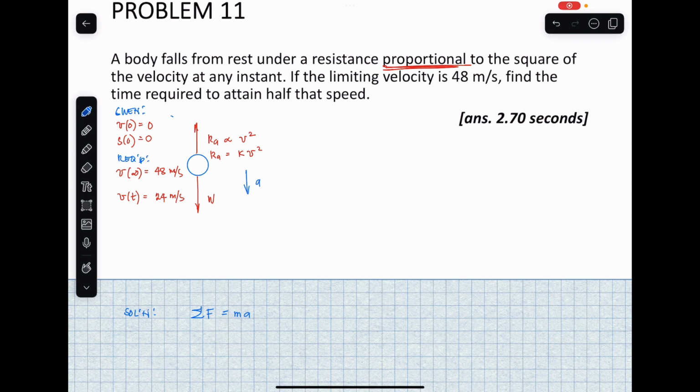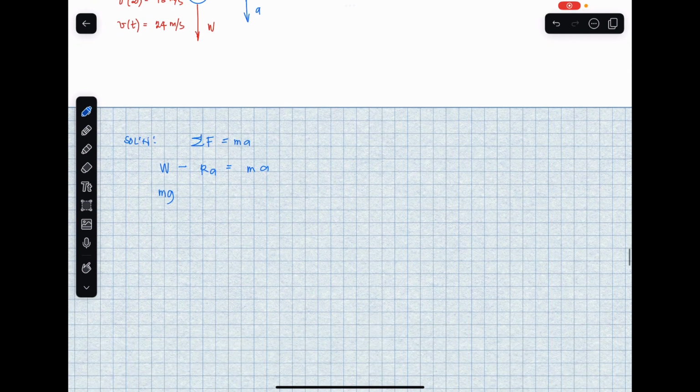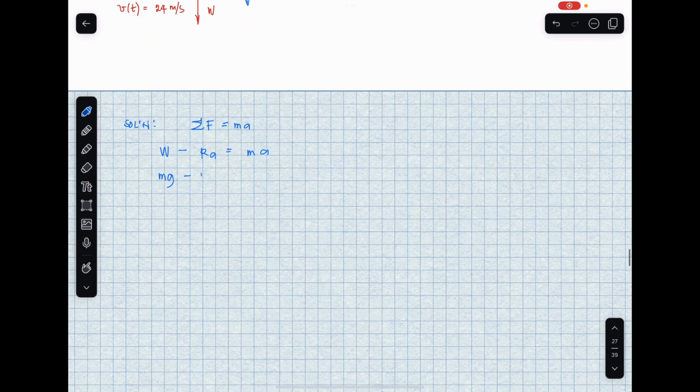So weight is positive, minus the air resistance, equals mass times acceleration. Weight is mass times the gravitational constant, air resistance is kv squared, and acceleration is the change in velocity, dv over dt.